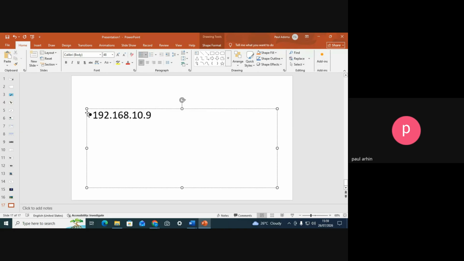The IP address must be able to allow you to know this is the network the machine is part of before you are able to locate the machine itself. Two things. That means that every IP address has two parts. The first part will lead you to the network. The second part will lead you to your own device.